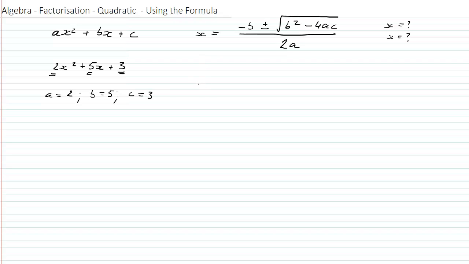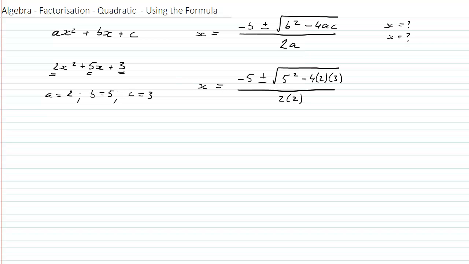And then we're going to put them into this formula. So x is equal to minus b, which is minus 5, plus or minus the square root of b squared, which is 5 squared, minus 4, times a, which is 2, times c, which is 3, all divided by 2 times a, which is 2 times 2.